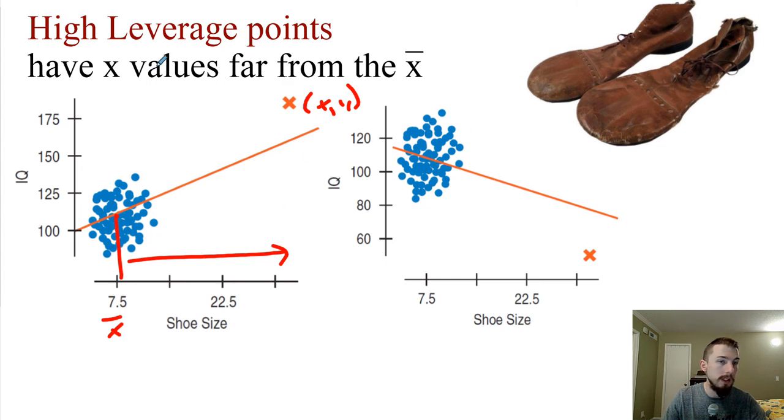Okay, so that means that it had a high leverage because it has the potential to greatly change things, or maybe it won't, but it has that potential. Now if Bozo was a genius, then that would cause us to have a positive correlation just from that one point, even though there was really no correlation without it. If Bozo was a bozo, then again, because he had high leverage and also influence, he could greatly influence the actual slope as well.